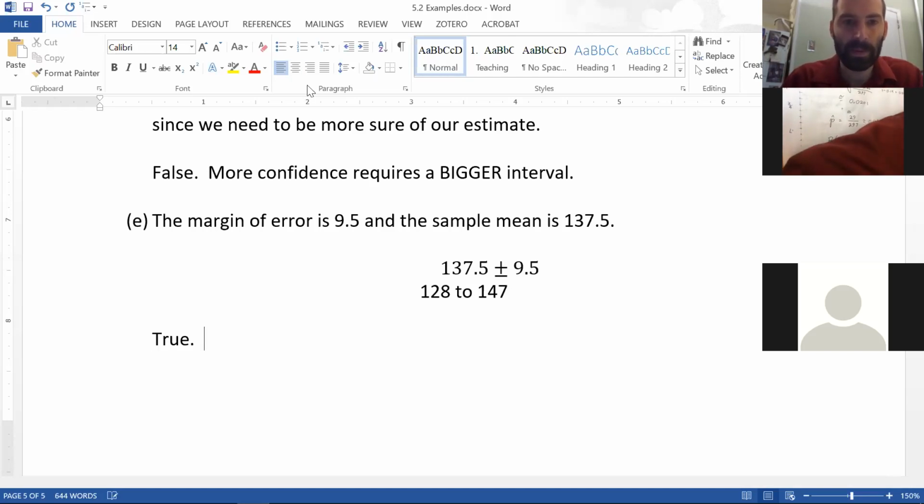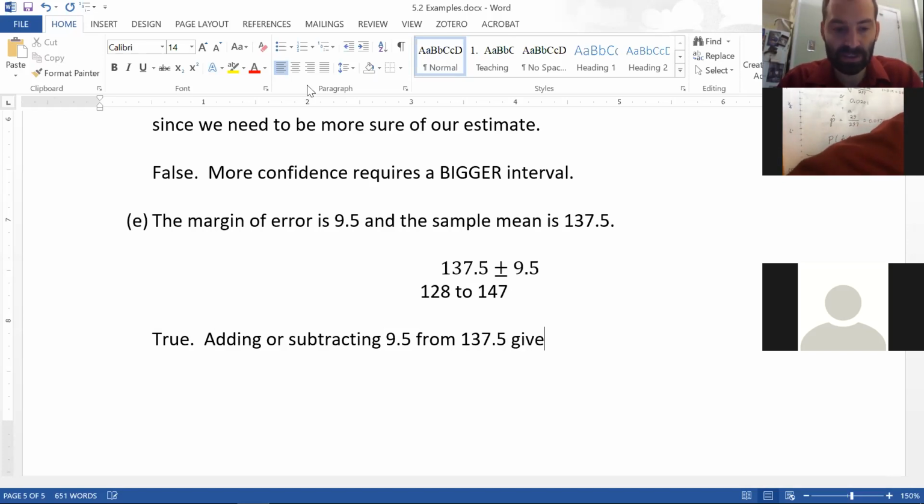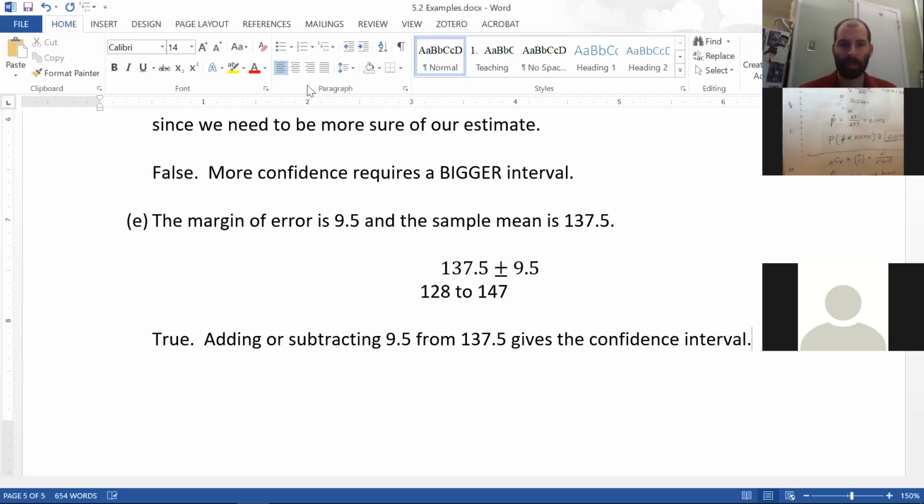Adding or subtracting 9.5, the margin of error, from 137.5 gives the confidence interval that we're dealing with. Because that's how the confidence interval is constructed. They're just kind of deconstructing it here. They're giving you the error and the mean, and then yeah. All right.